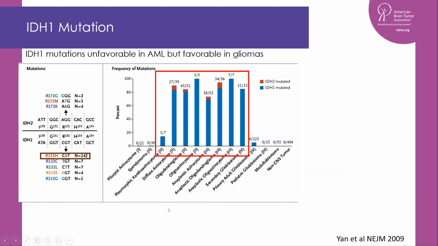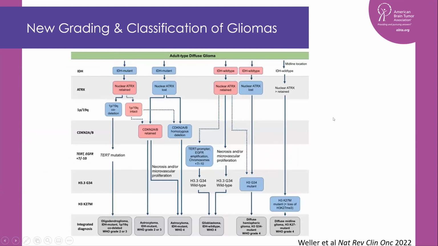And there are specific kinds of mutations that you can actually detect using an antibody on the slide. So what did that do? That helped us completely rethink the way this is classified. So remember the visual thing of looking at slides, but here you can see, you start off by saying, is this IDH mutant? And if it is, then you look to see, I told you about the co-deletion of the 1p19q. And if you have that, then it's called an oligodendroglioma.